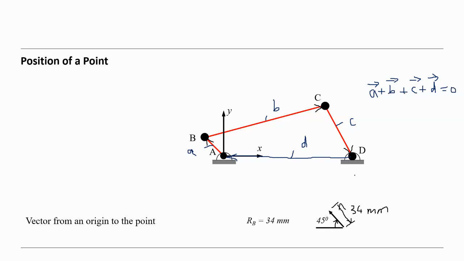So it's a closed chain. That means there is no disconnection between them. Okay, so in form of vector we have considered.